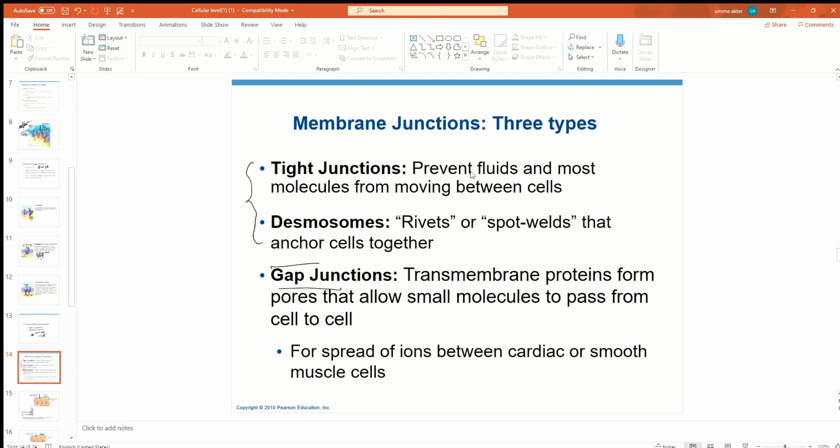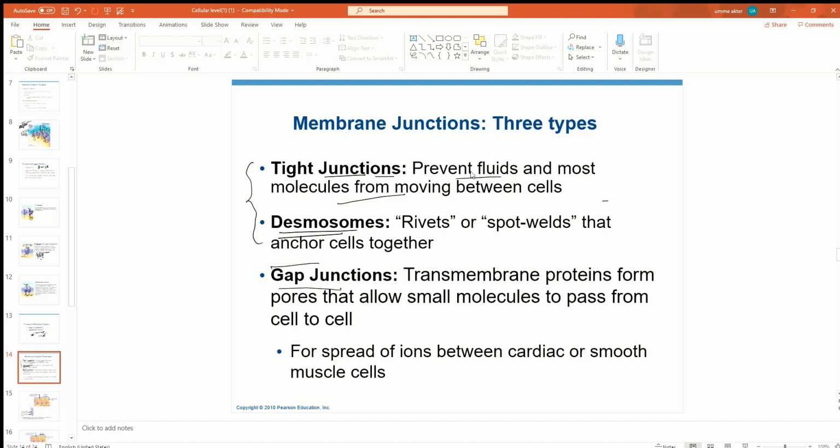Gap junctions have pores or channels, so the ions or molecules can move from one cell to the next. Tight junctions allow only very small molecules to pass through, preventing fluids and most molecules. So most of the molecules cannot pass through the tight junctions, only a few, very small molecules. Desmosomes anchor the adjacent cells very strongly, like spot welding.